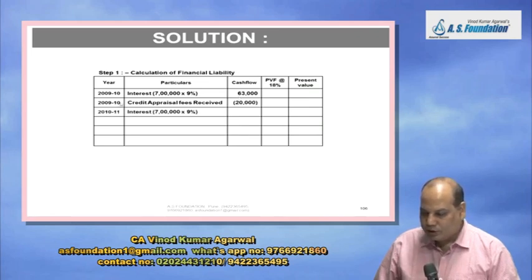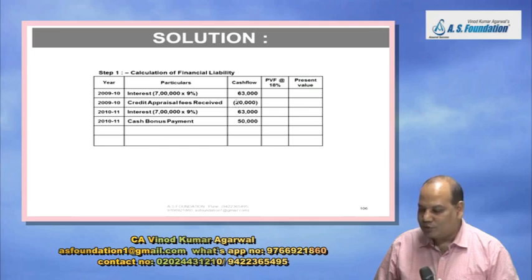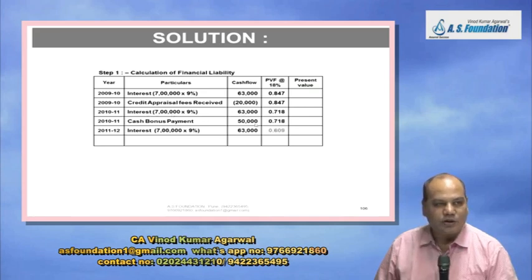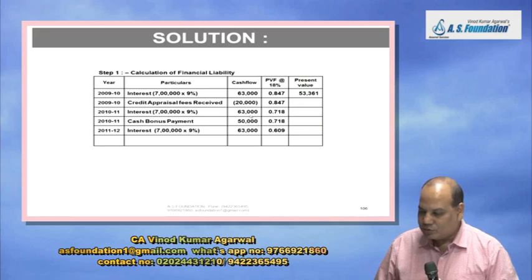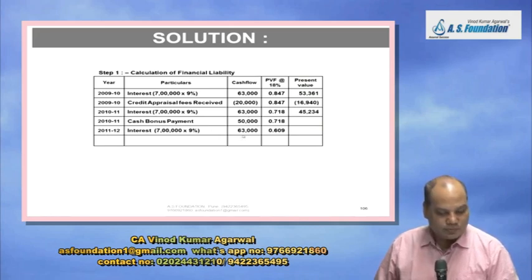Year 1 credit appraisal fees received. Use a different sign here. If you are using outflow sign here, use positive here. Or you can use minus sign because minus sign is only 1. Year 2 interest payment 63,000, cash bonus payment 50,000. This is year 2. And year 3 interest payment 63,000.